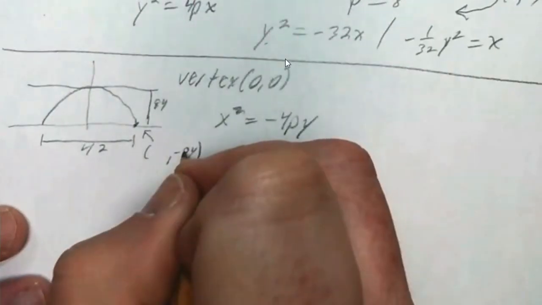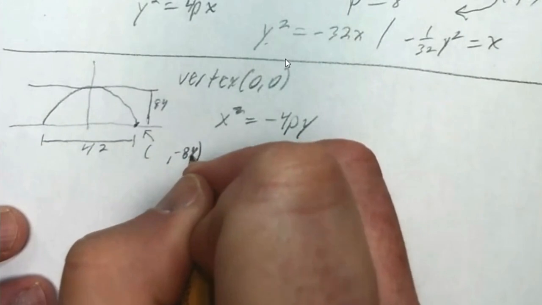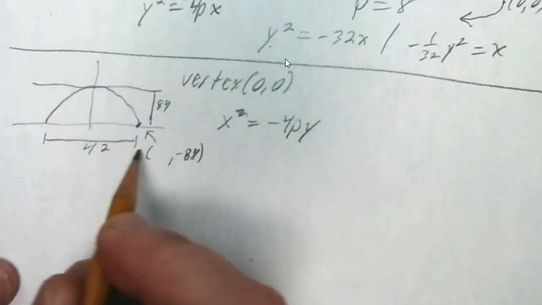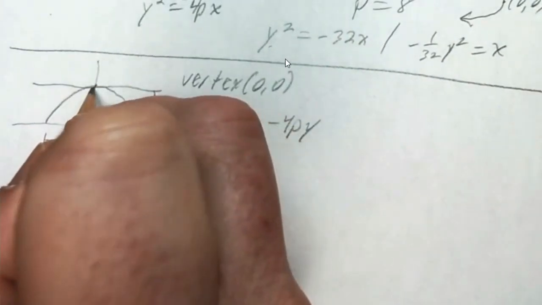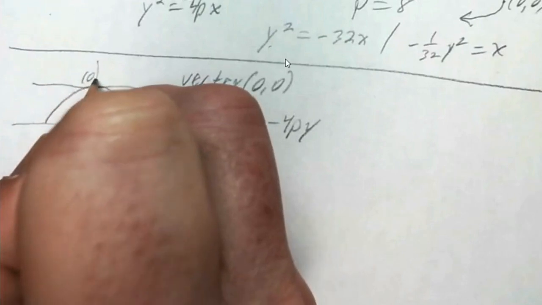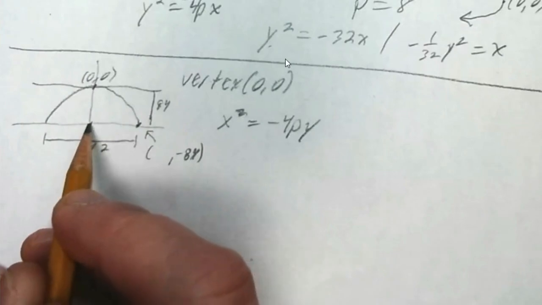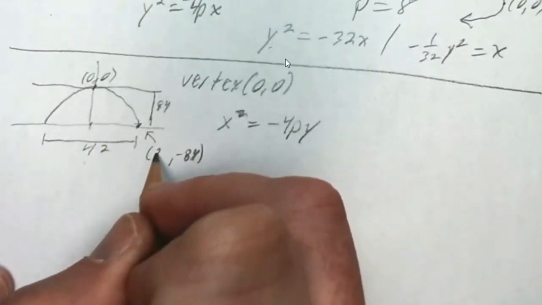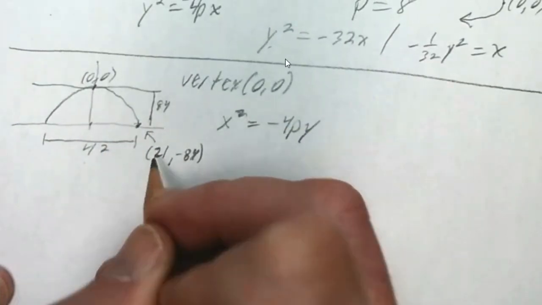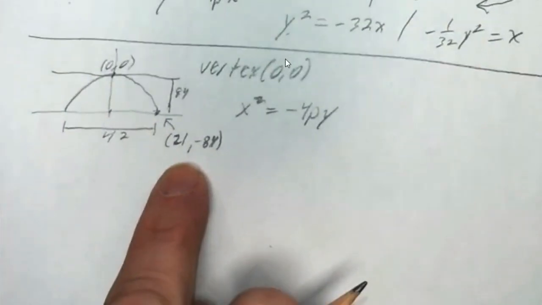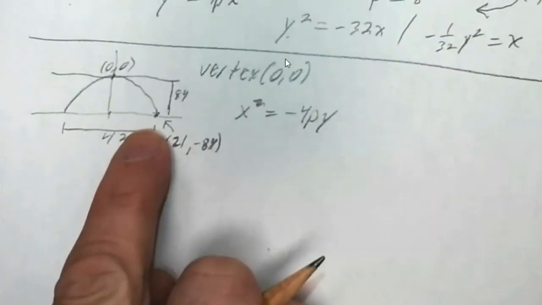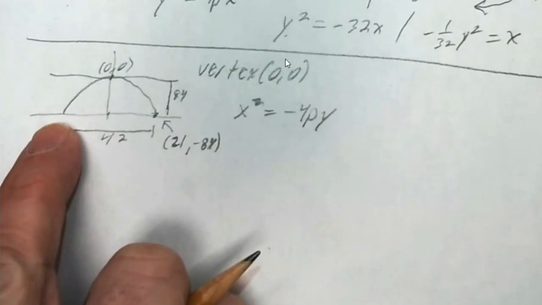So the y-coordinate is -84. The x-coordinate is 42, but here's where the origin is, (0, 0). So this is only half. It's 21. So the point (21, -84), which is right there, or (-21, -84) right there.